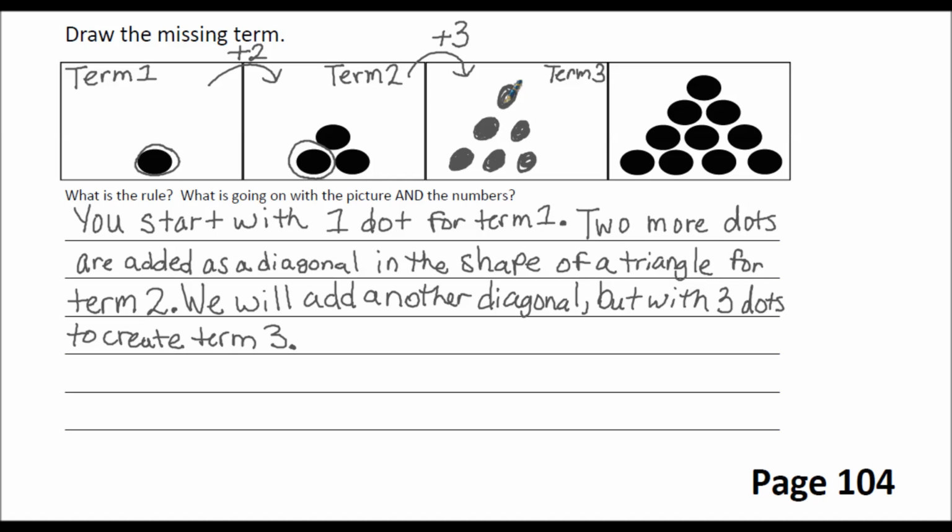So we are adding those 3 dots in the shape of a triangle, or adding another diagonal. Now to get from term 3 to 4, we're going to have to add 4 dots for that diagonal. So to get term 4, we're going to add 4.